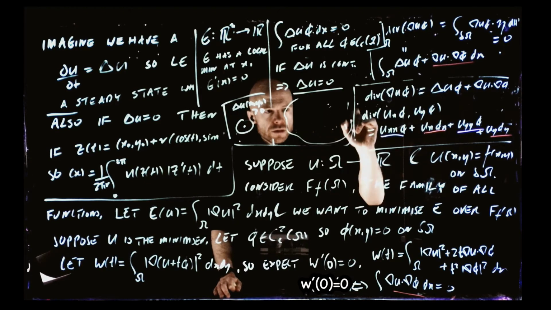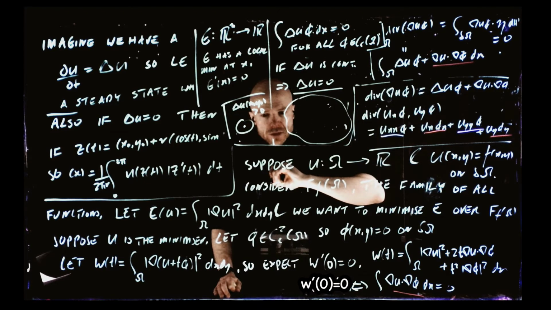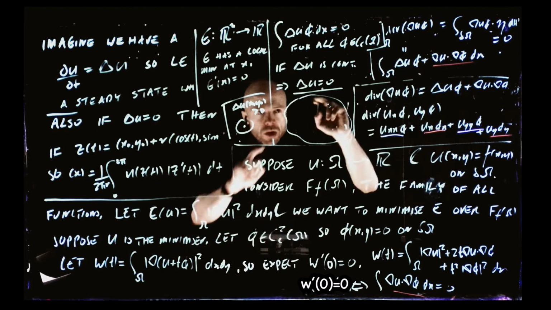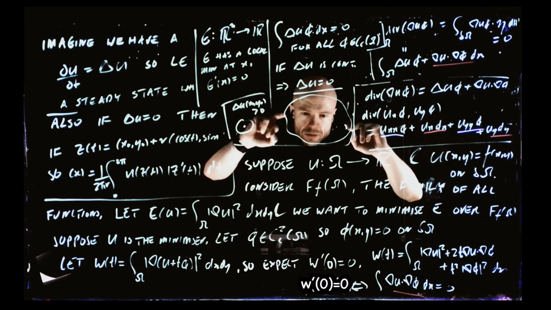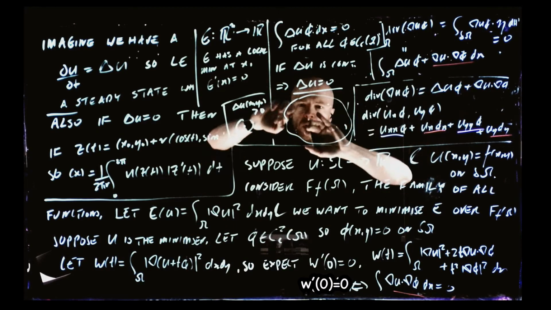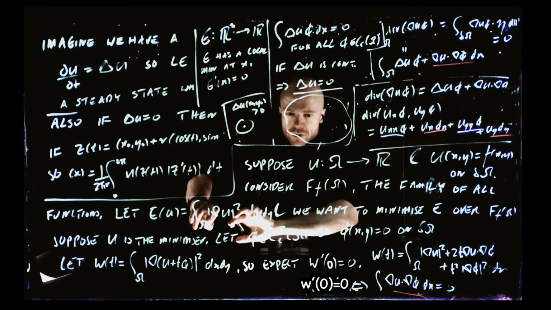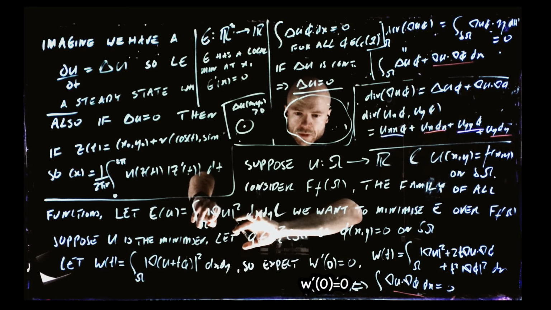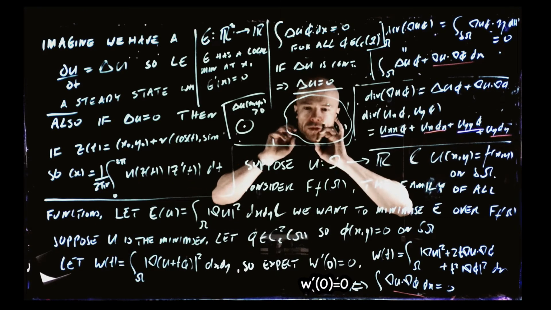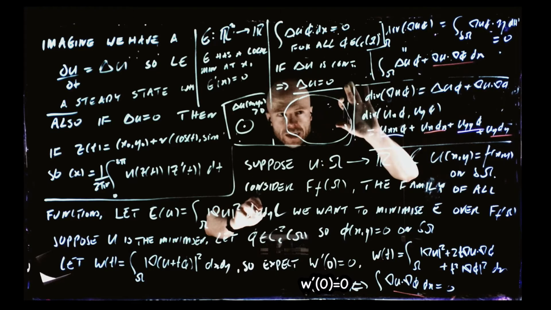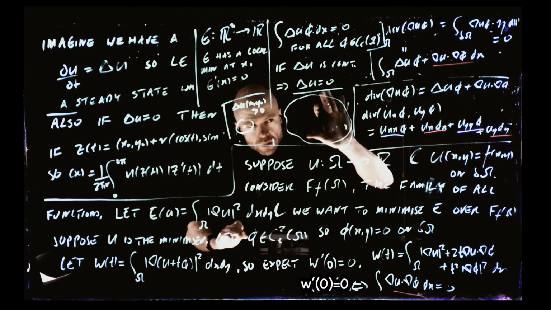We have some domain like this. We're minimizing this energy where we fix some boundary values. So maybe it's higher here and lower here, and we're trying to minimize the gradient squared. And it should seem reasonable to you that if we do find the minimizer, something that does it, then it's going to be the thing that's going to be as smooth as possible, right?